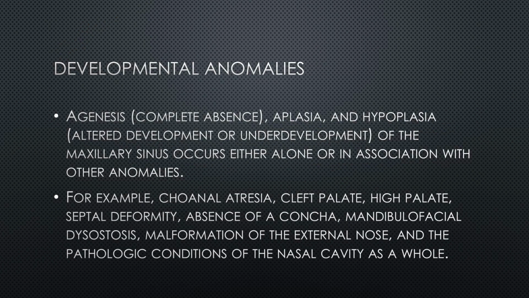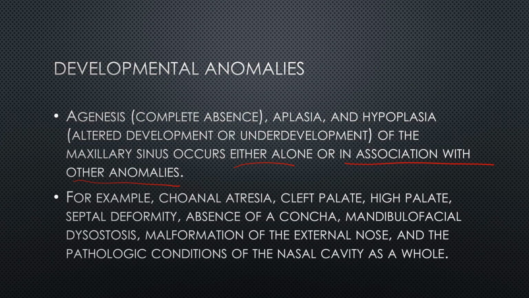Developmental anomalies: what will happen if there is complete absence, which is called agenesis, or aplasia, or hypoplasia, which is altered development or underdevelopment of the maxillary sinus. These occur either alone or in association with other anomalies.